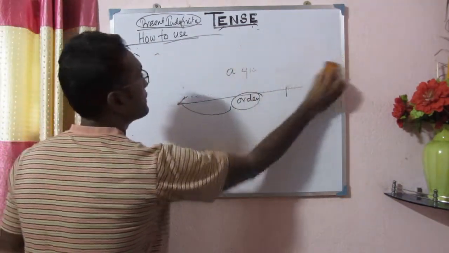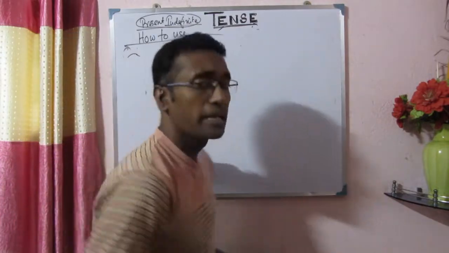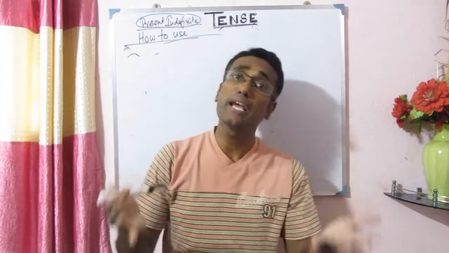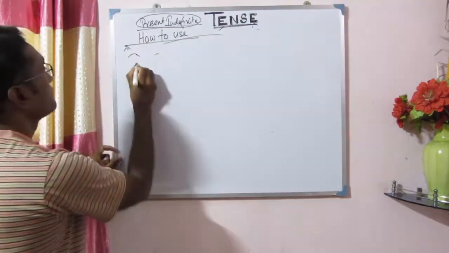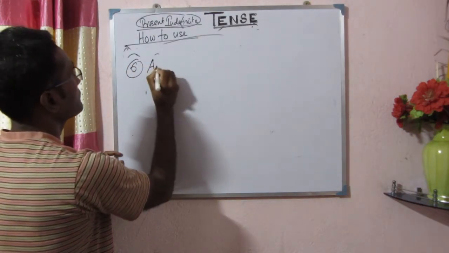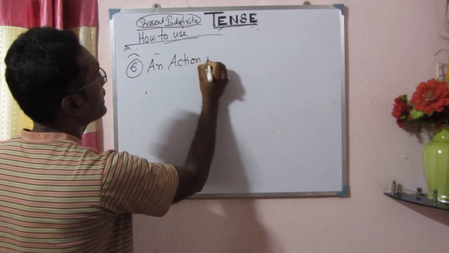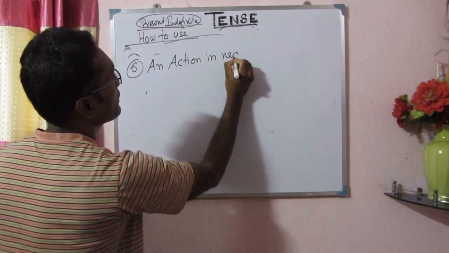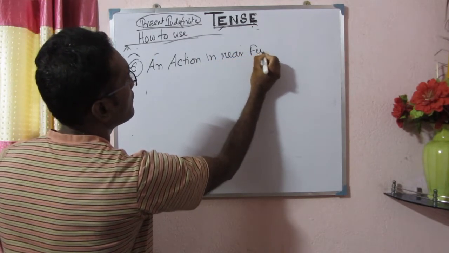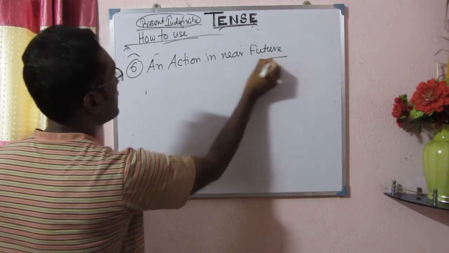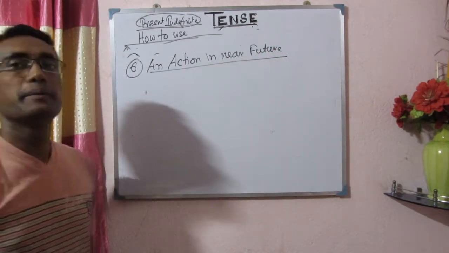Number six is an action in near future. Then you have to use present indefinite tense.